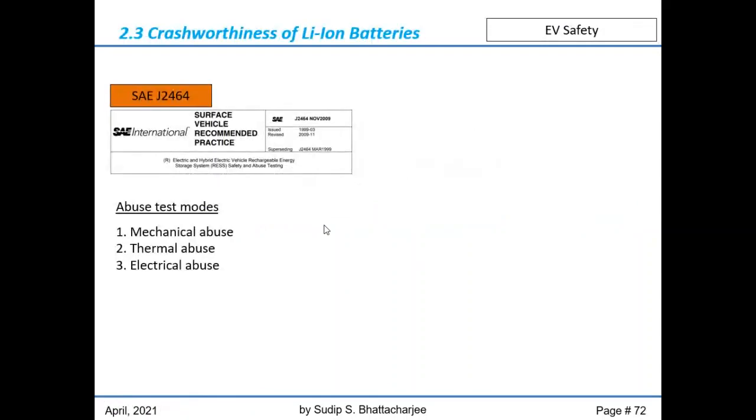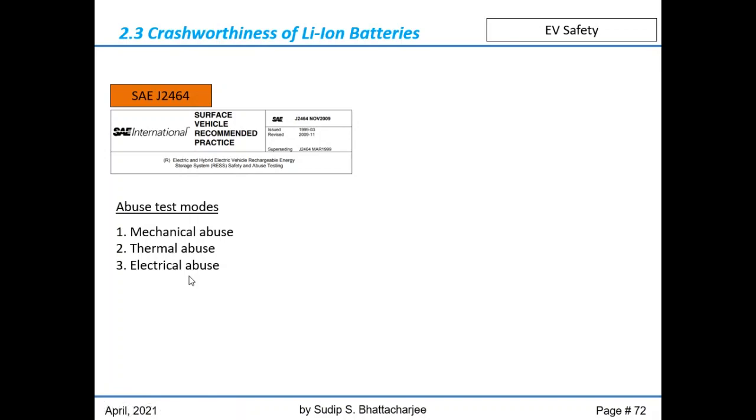Now, if I review the different standards available in the public domain, you will probably get a lot of information, but I am giving you a very brief high-level summary. SAE J2464 lists those abuse tests: mechanical abuse, thermal abuse, electrical abuse for the battery systems. I'm going to just focus on the mechanical abuse, because thermal abuse and electrical abuse have different objectives.